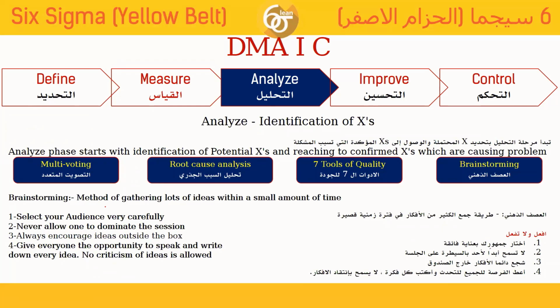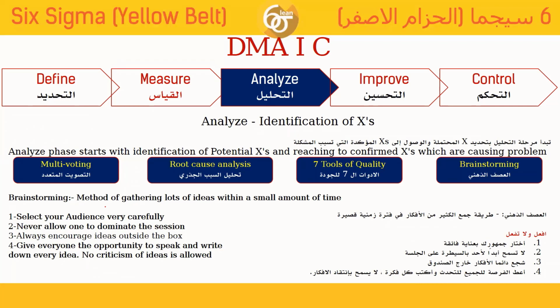We will talk right now about how many people: from 6 to 12. These people should be from different backgrounds, from different businesses, so they will give you different ideas about the problem, different ideas about identifying the X.